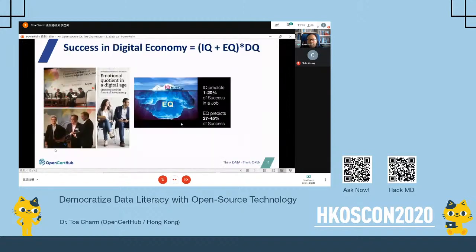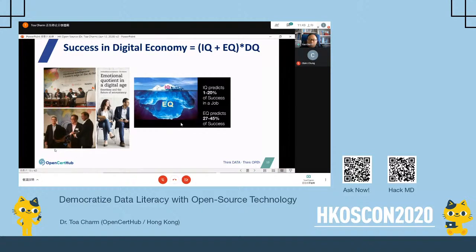So if you look at this, I try to make it even more understandable. We talk about big data being a language, like English, 普通话, which is very important. When you're in Europe, you need to speak French, just like that. But in the business world, besides languages like English, we also need to have high IQ, high EQ, or high AQ in order to be successful, climb up the ladder and become a leader in your company.